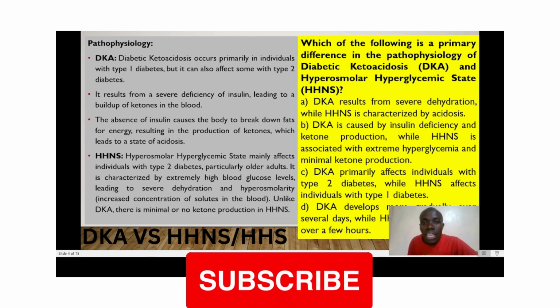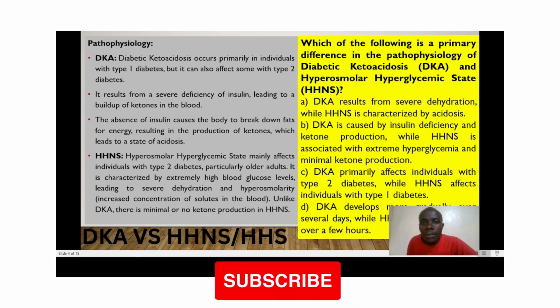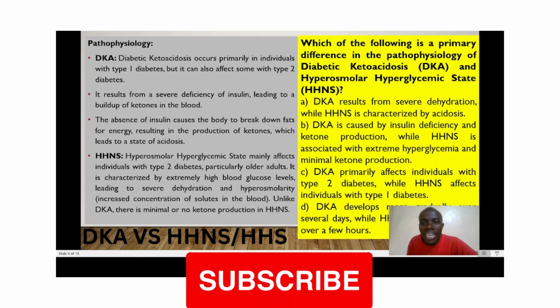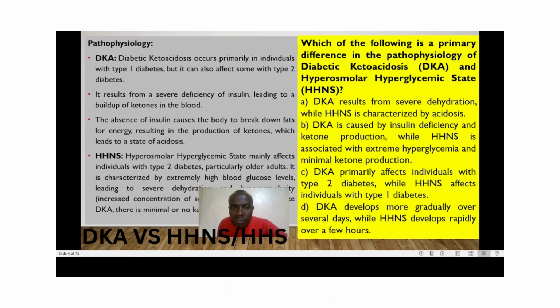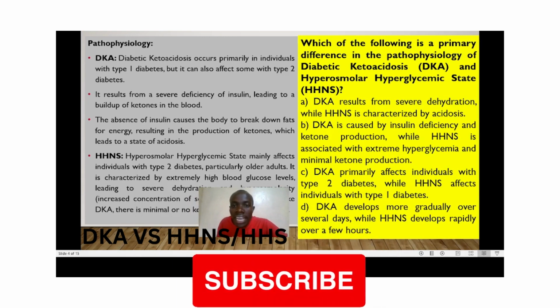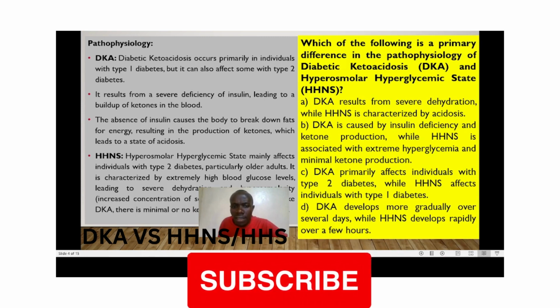So we have a question here. Which of the following is the primary difference in pathophysiology of DKA and hyperosmolar hyperglycemic state? DKA results from severe dehydration while HHNS is characterized by acidosis. Guys, is that correct?